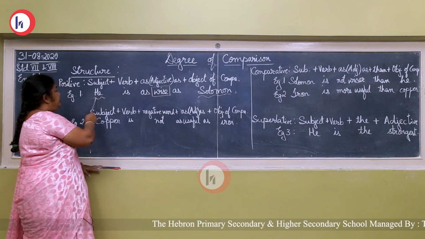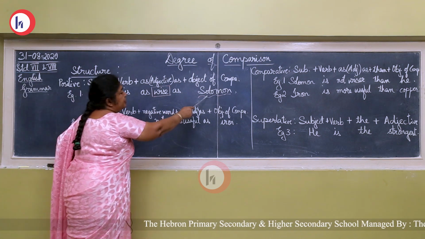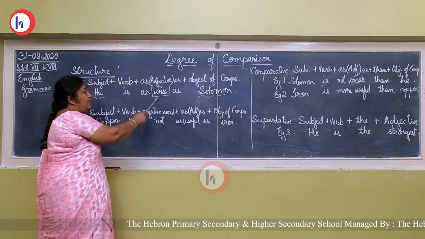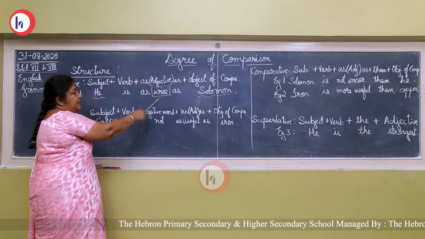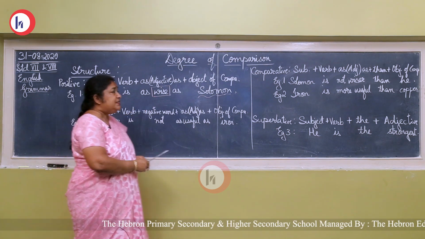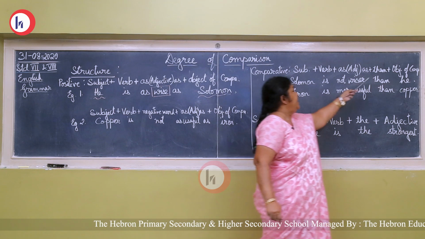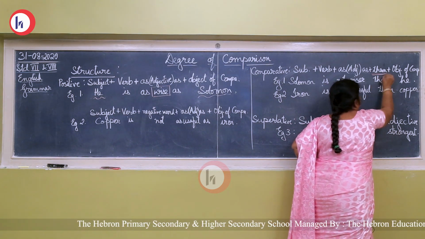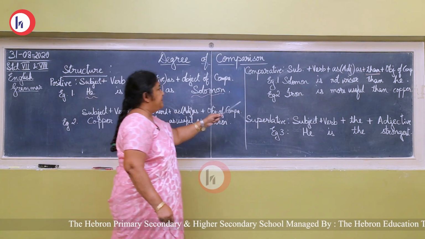Solomon will come in subject and he will go in object of comparison. And in comparative degree, wise will become wiser. And it is compulsory to add than in the comparative degree. This is a must.